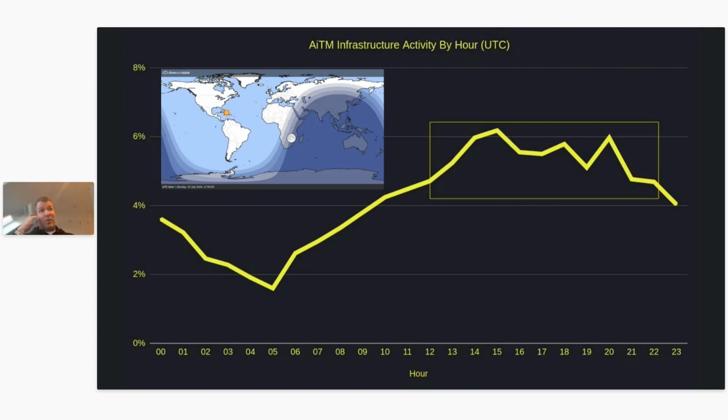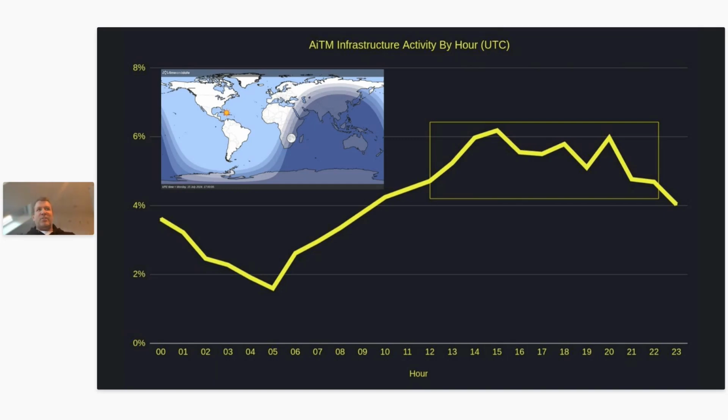I guess there's a couple of ways of looking at that. One of those is this is us detecting infrastructure being stood up. What we don't do is detect campaigns being executed. So we're not seeing phishing emails or SMSs or anything like that being sent to entice users to enter credentials and log into some adversary in the middle infrastructure. We don't have visibility of that.